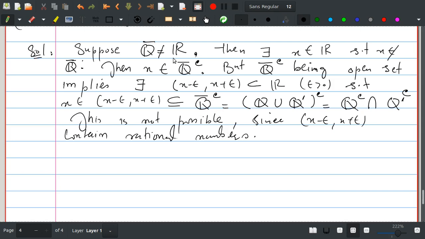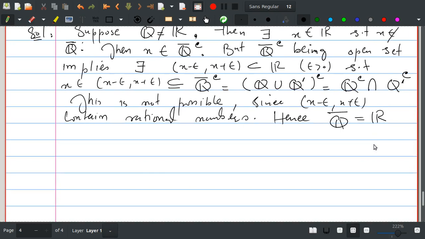So hence our supposition is wrong. So hence Q closure is actually the set of real numbers. So this is an assignment for the readers to prove: if we take the set of irrational numbers and take its closure, then this is also real numbers.